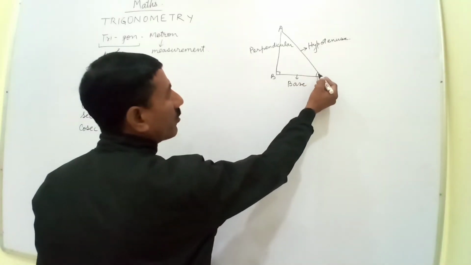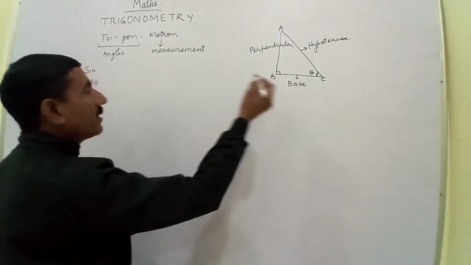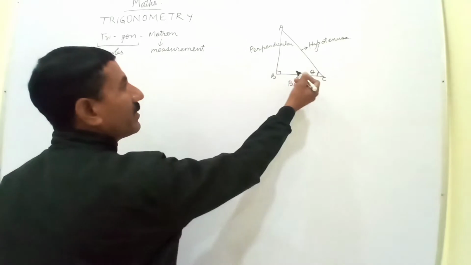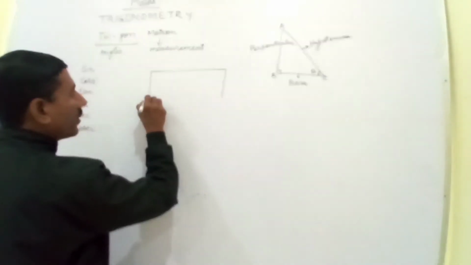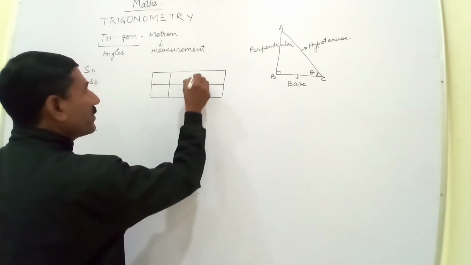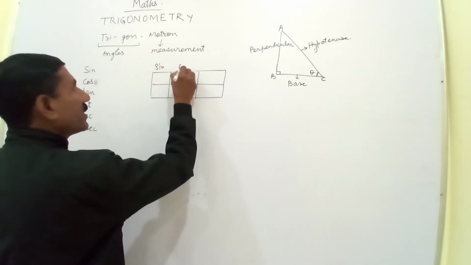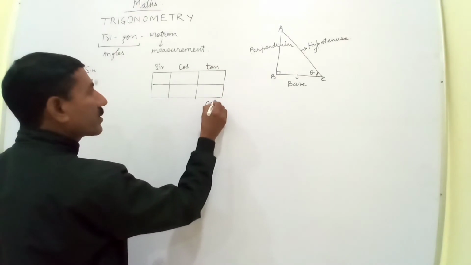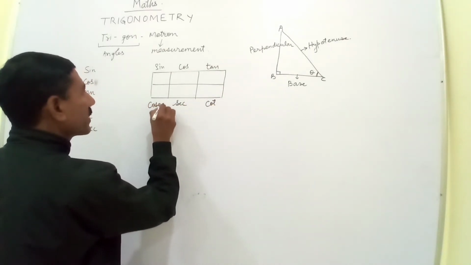If we want to know the values of the T ratios for the angle theta, how do they relate to this triangle? I have prepared a table for you with sine, cos, tan, cot, sec and cosec.